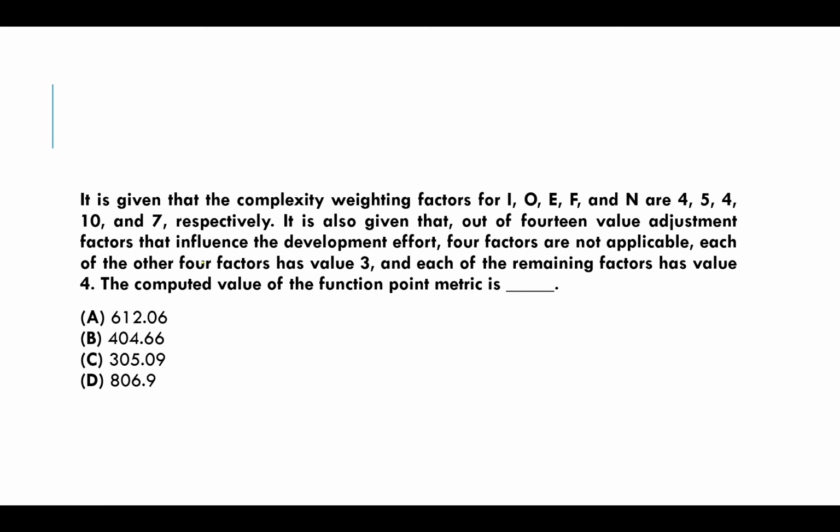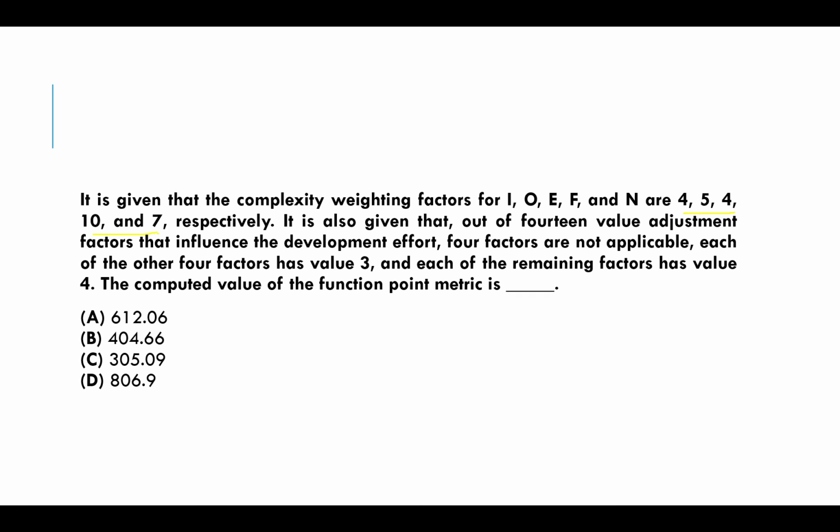In this you don't have to remember the table I showed you for the weightage of each parameter, because the weightage is already given. The complexity weighting factors are average values, given as 10 and 7.